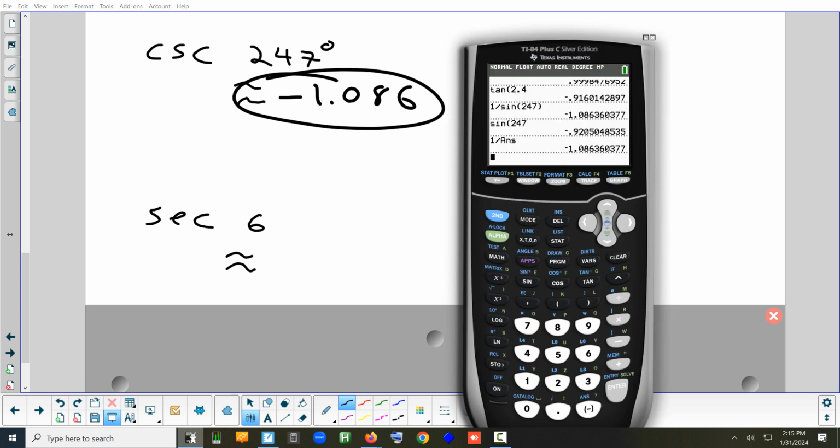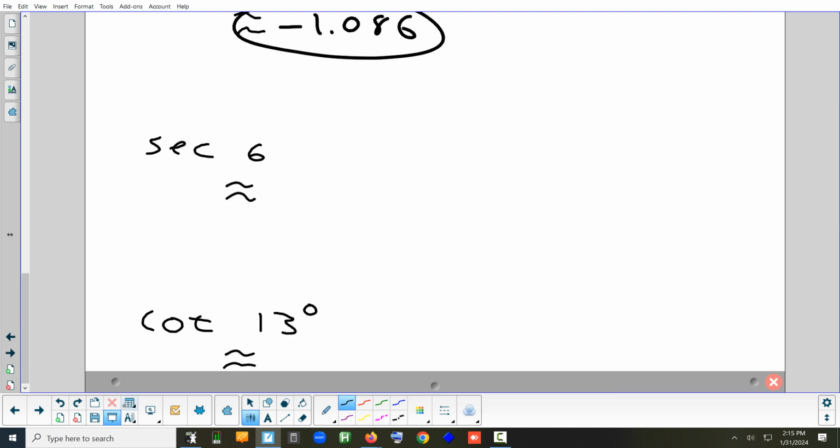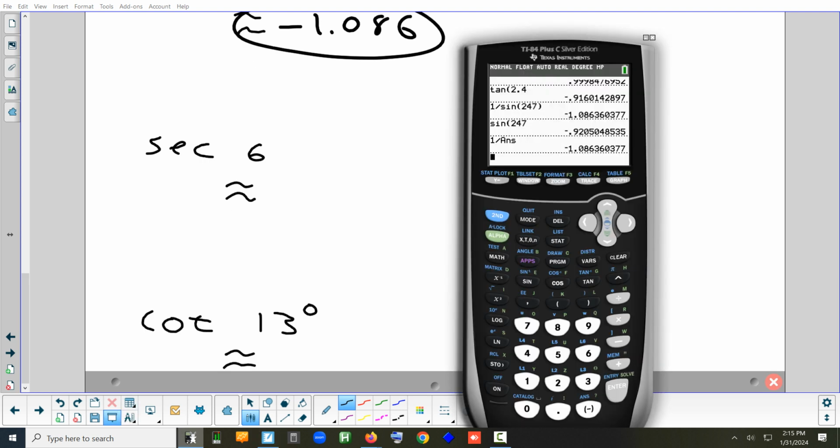Just because the last one's in degrees, and I'm in degrees, I'm going to handle all the degree ones first. Cotangent of 13 degrees. How would I type that in? It'll be 1 divided by tangent of 13 degrees. So that's taking the tangent and flipping it. So 4.331.